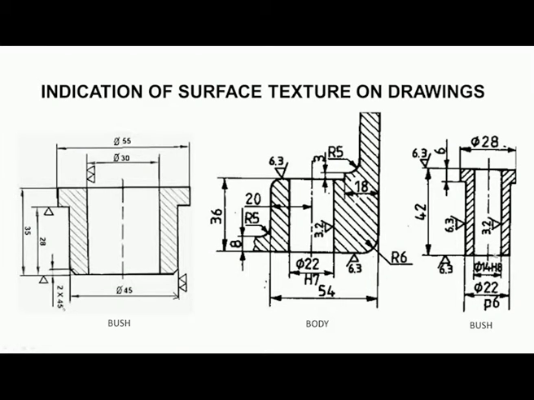Now, you can see here these diagrams show how the surface texture or surface finish is indicated on drawings. Here we have a machined hole, you can see the symbol here. So, we have this symbol with a bar, it indicates that the surface is to be produced by a machining operation, normally a drilling operation.